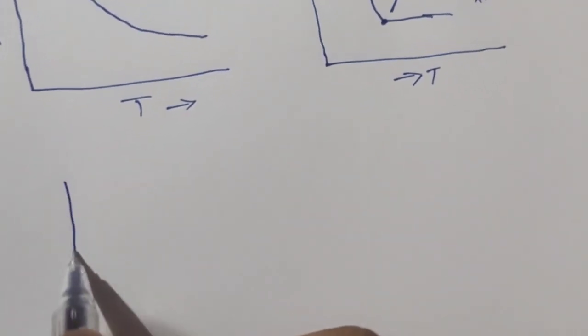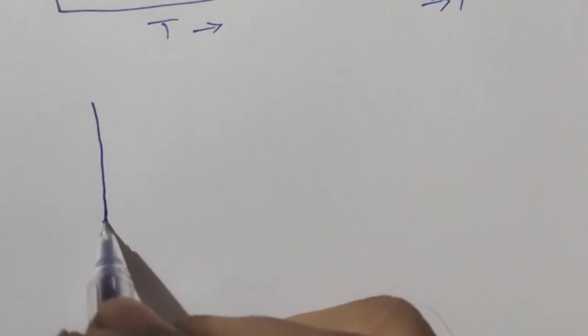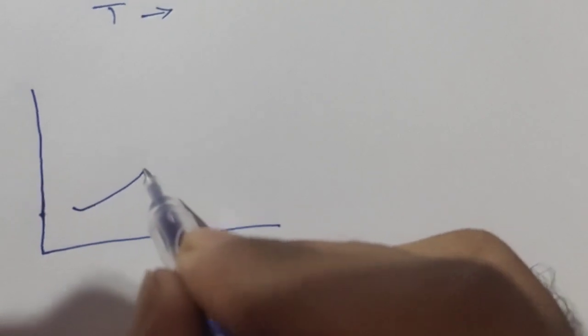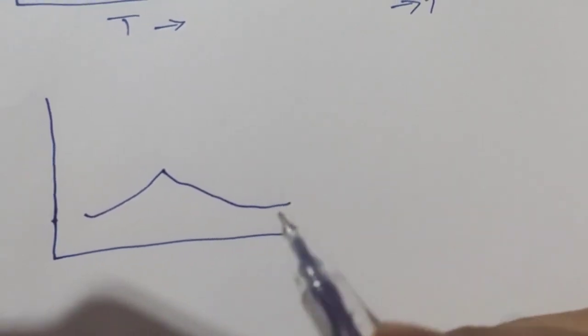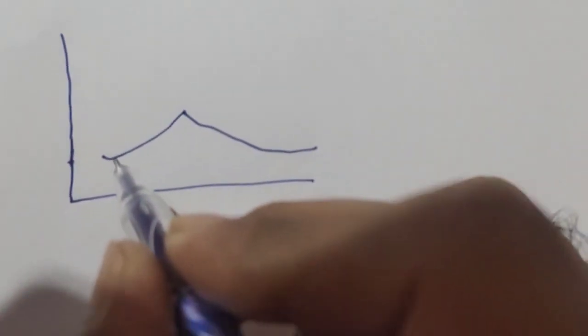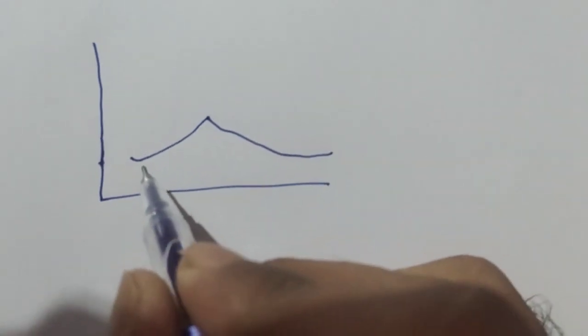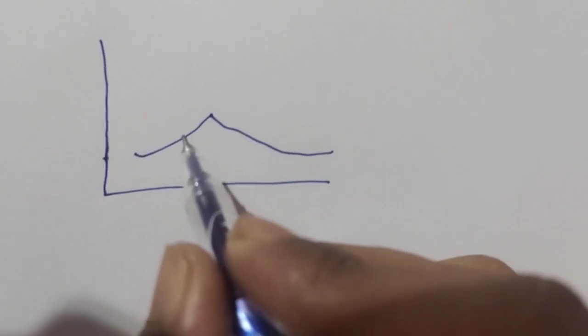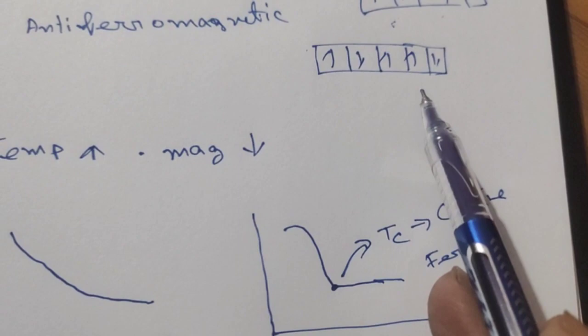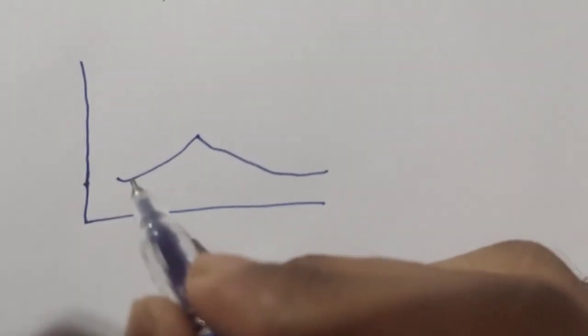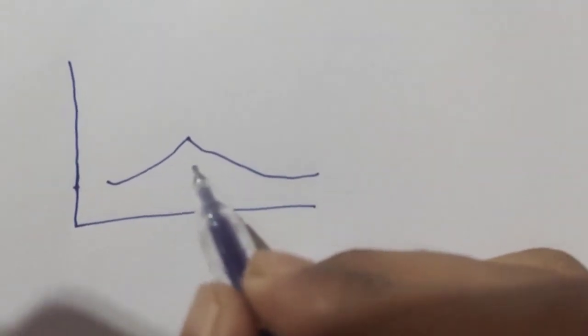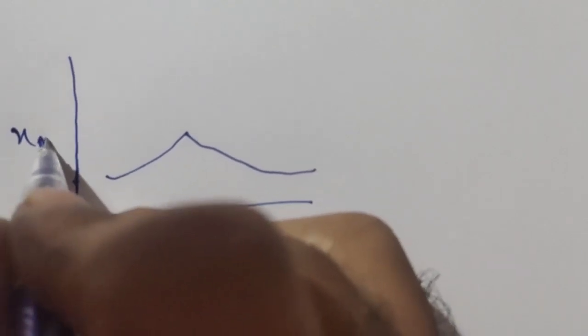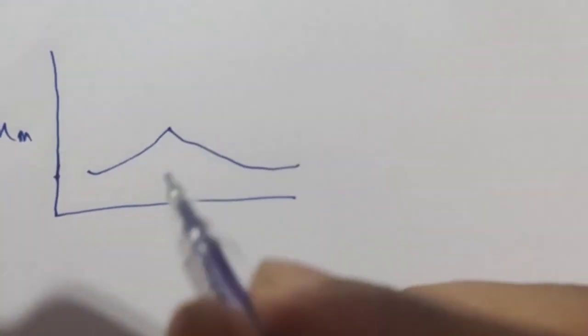And for antiferromagnetic compounds, we will get a curve like this. The increase is because at normal temperature it behaves kind of like a diamagnetic compound, because the magnetic centers are cancelling each other, but with increase in temperature the magnetic susceptibility increases due to the randomness.